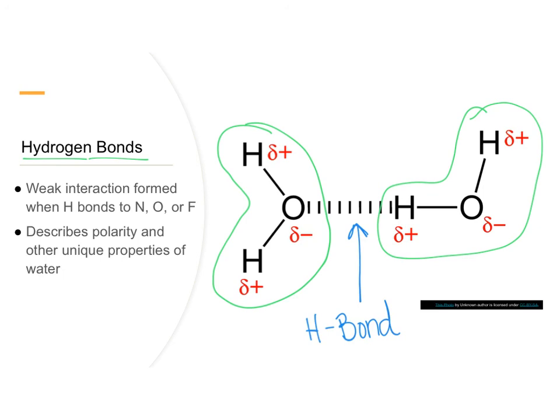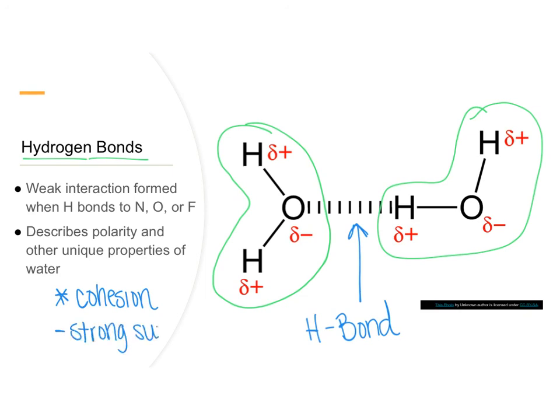So water is very cohesive, or it has cohesion. So that's when 2 water molecules are attracted to each other. So water sticks together. It also has a strong surface tension.